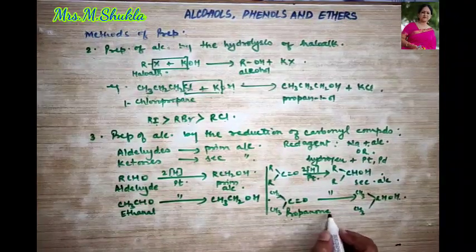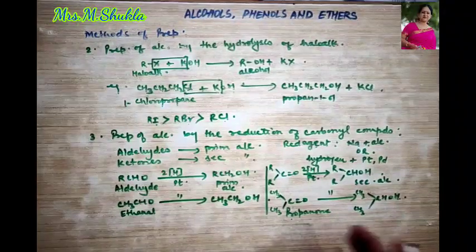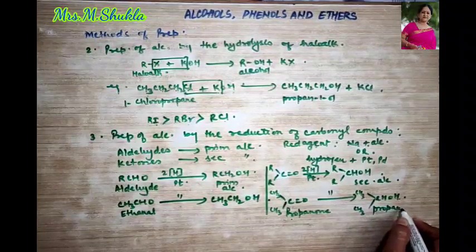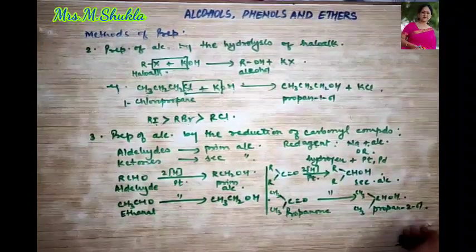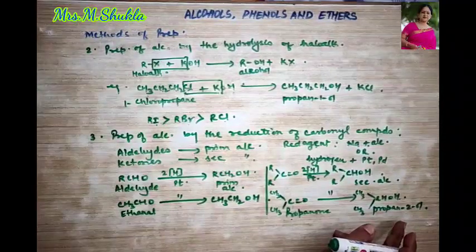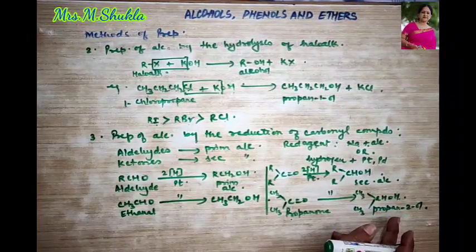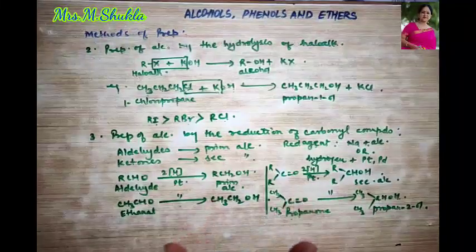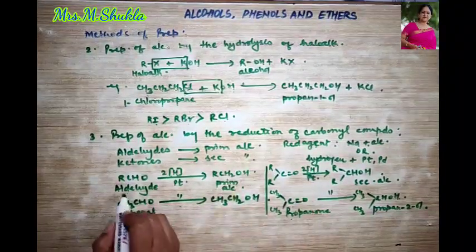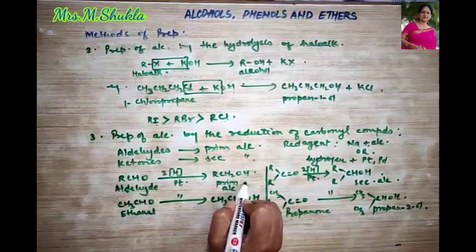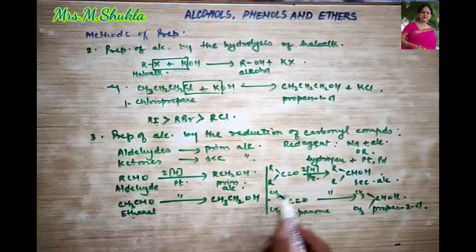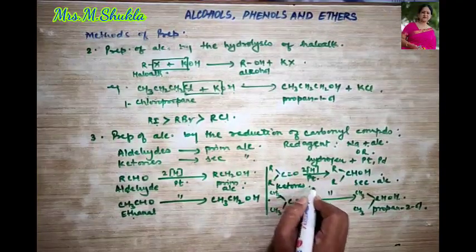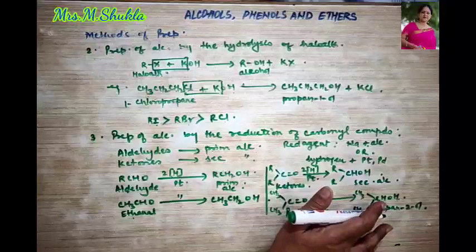So this was propanone, and here you get propan-2-ol. So this is your secondary alcohol formed by ketones. I hope this is very clear to you that in alcohols by the reduction of carbonyl compounds, with aldehydes you always obtain primary alcohol, and with the ketones we always obtain the secondary alcohol, right?